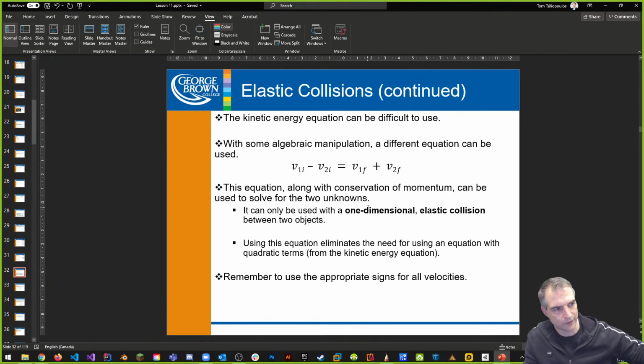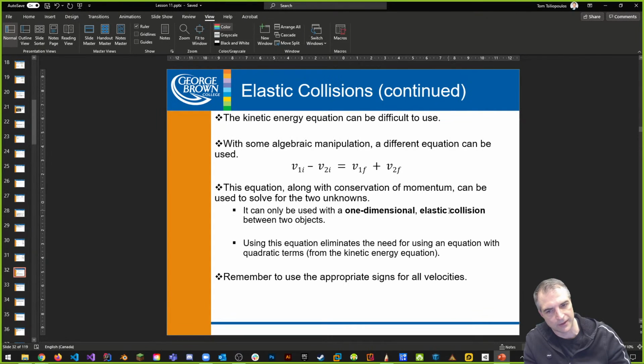Remember, we don't care about the y-axis if the normal and the gravitational forces counteract each other. In the case of a car, this is great, because we don't care about those forces. However, if an object is flapping or flying or moving in both the y and the x direction, this can't work. So, a one-dimensional elastic collision.